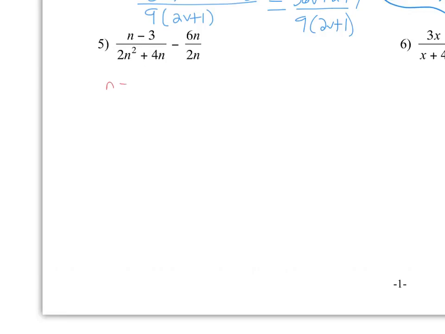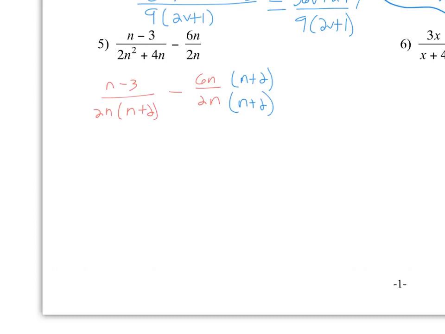So n minus 3 over 2n, that's going to be part of our common factor, times n plus 2 minus 6n over 2n. Oh, look, I don't need to do much other than multiply this by the n plus 2 part. n plus 2. Okay.